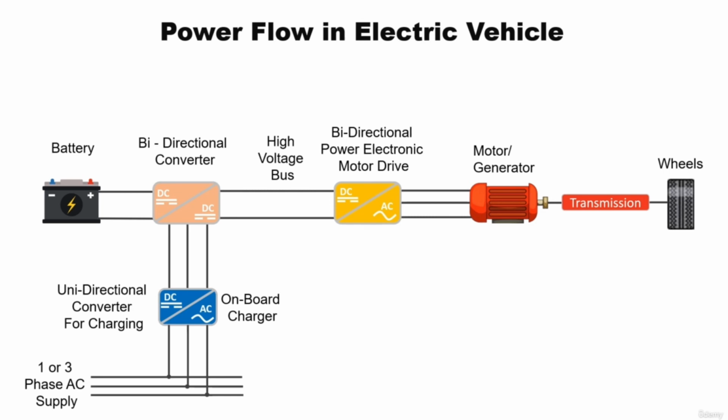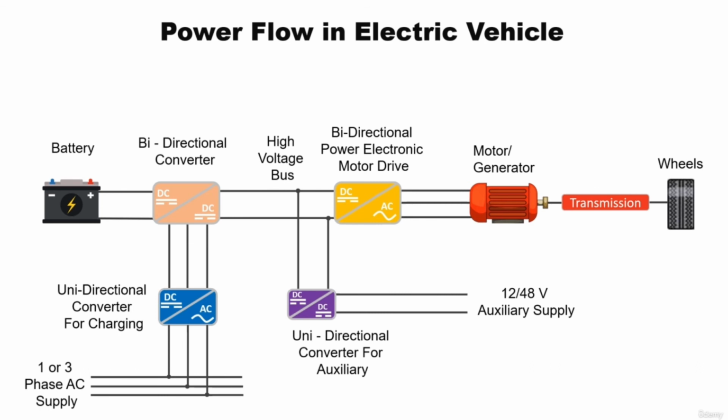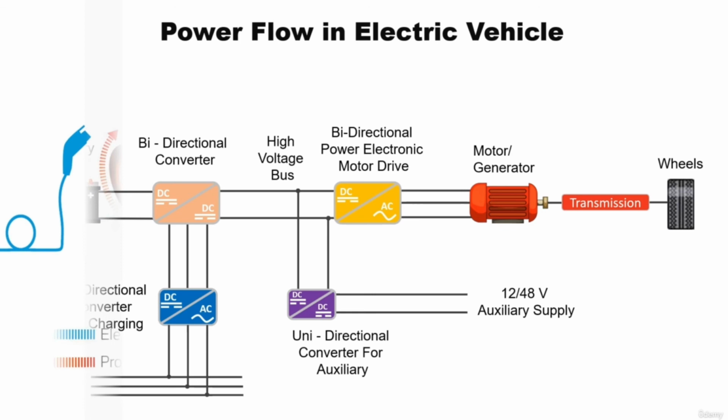When the car is in driving mode, the power provided by the battery goes through the battery DC-DC converter to the high voltage DC bus. Then the DC to AC inverter of the motor drive sends the power to the motor. The motor then converts the electrical energy to mechanical energy and it is sent to the wheel via the transmission. Further, a DC-DC unidirectional converter steps down the voltage from the high voltage DC bus to charge the auxiliary battery, which in turn powers the vehicle accessories.